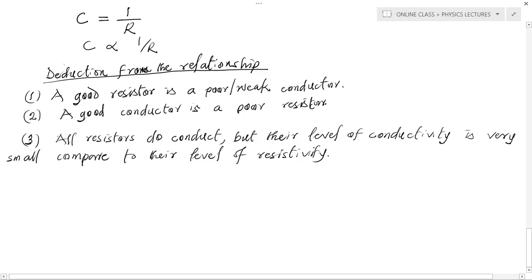They also conduct little, but not as significant as the resistance that they do.